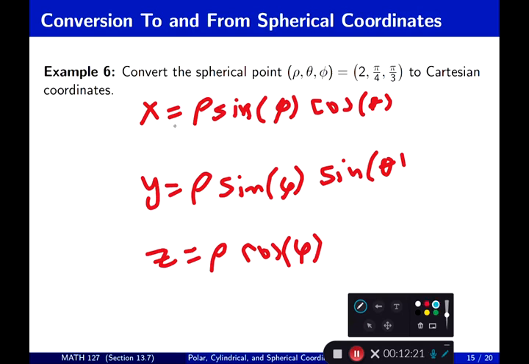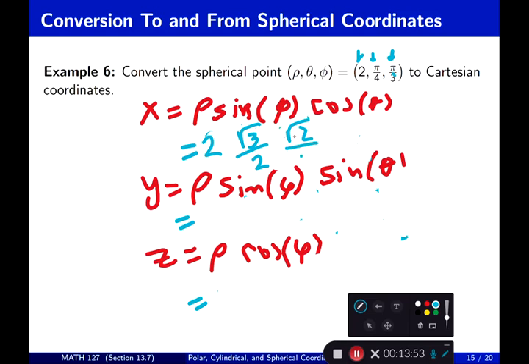Rho here is 2, sine of phi, phi is pi third, and sine of pi third is square root of 3 over 2, cosine of theta, which is pi fourth, is square root of 2 over 2, and so you end up with square root of 6 divided by 2.